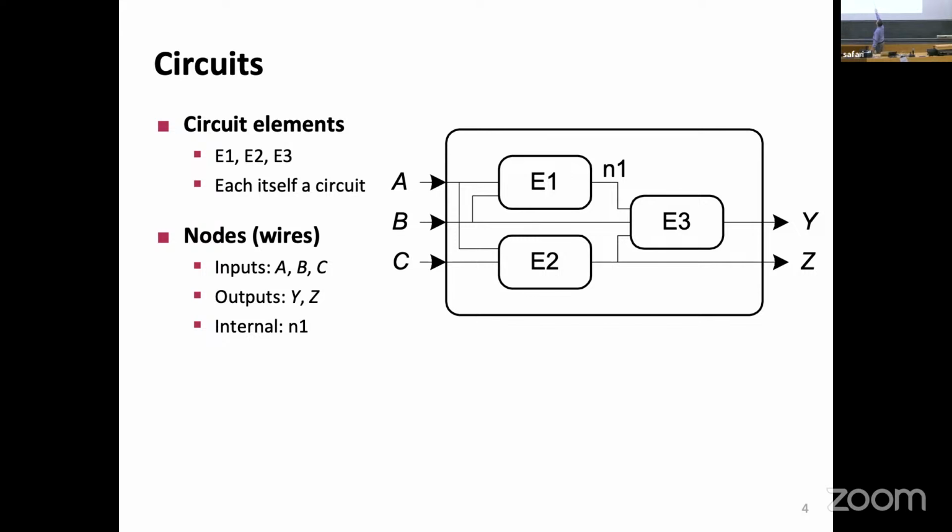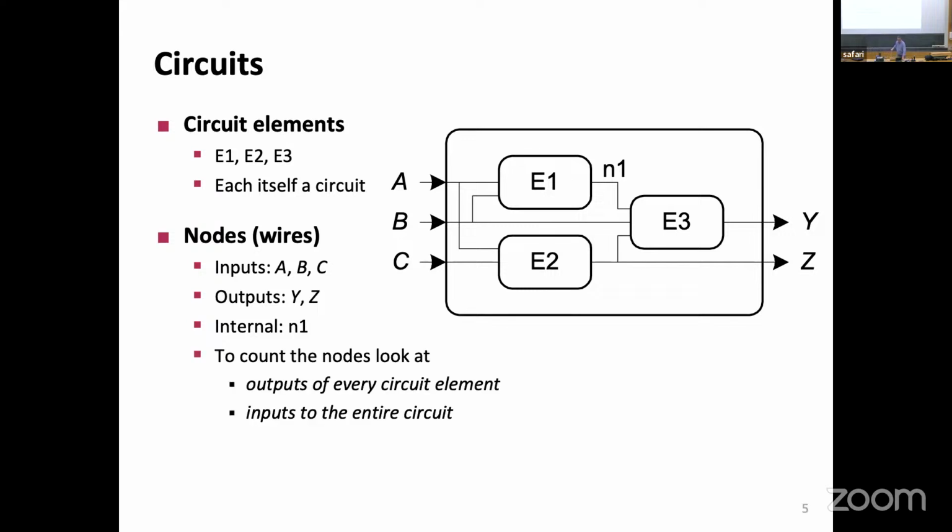And now you can realize that if you are building a circuit that is composed of many things, not everything is this input and output. You see there at the top, there is something we call N1, net 1, some name, that is needed to make a connection which is not available from the outside anymore. So we have some inputs, A, B, C, we have some outputs, Y, Z, and we also have internal nodes.